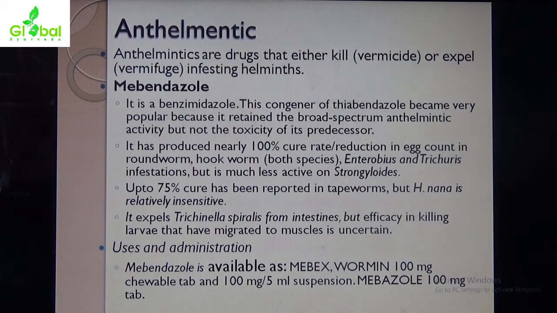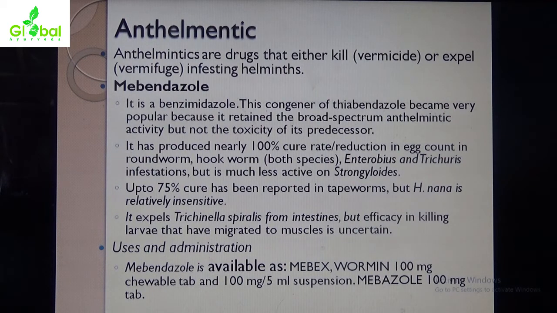Now how do anti-helminthic drugs act? We will see drugs like mebendazole first. Mebendazole is a benzimidazole, a congener of thiabendazole, which is very popular and has broad spectrum anti-helminthic activity. But there is no toxicity seen.